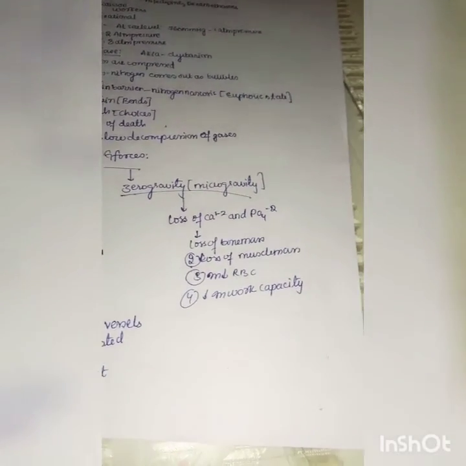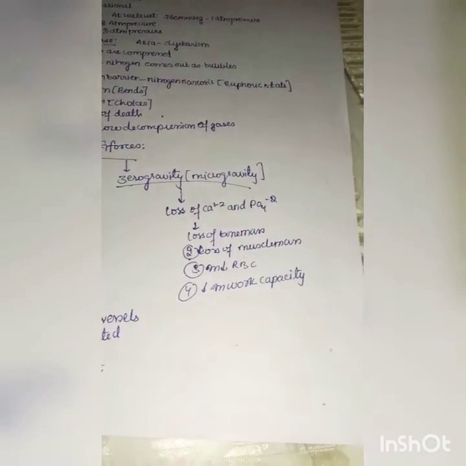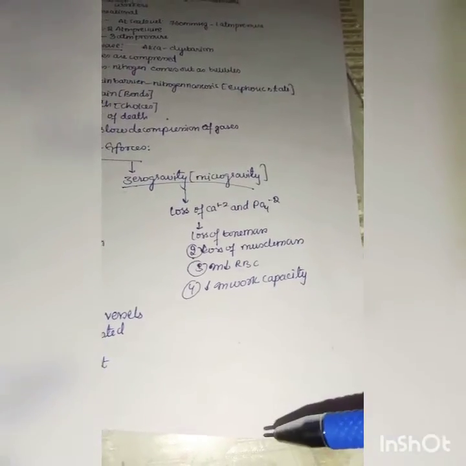These are the conditions which take place in space, so even space travelers should take all these measures. There would also be loss of muscle mass, a reduced number of RBCs, and a decrease in work capacity. All these are seen in zero gravity. So these are all about our environmental physiology, which we have completed.